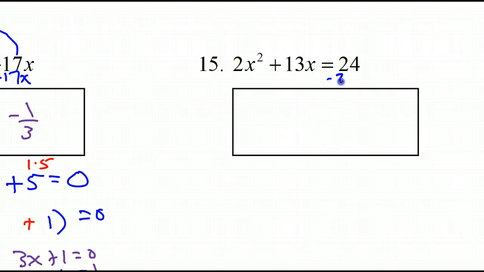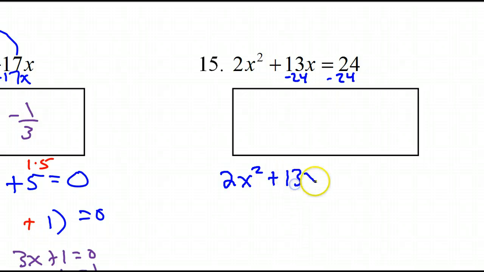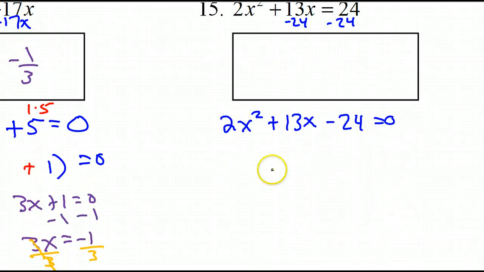Let's go ahead and subtract this 24 from both sides. So that is going to give me 2x squared plus 13x minus 24 equals 0. Alright, no GCF, so let's get to it.